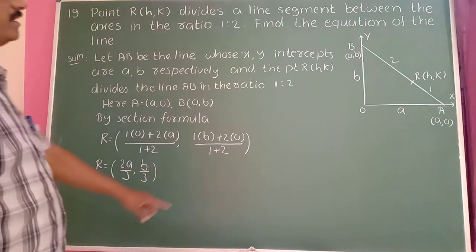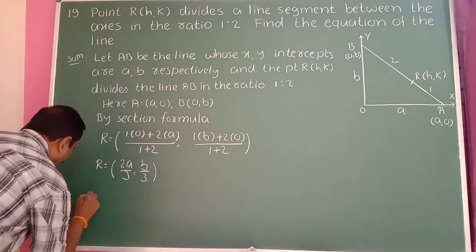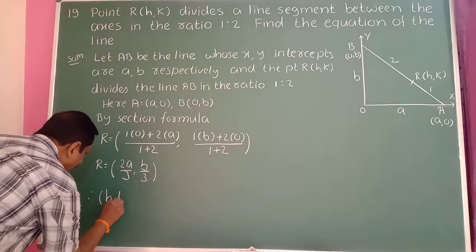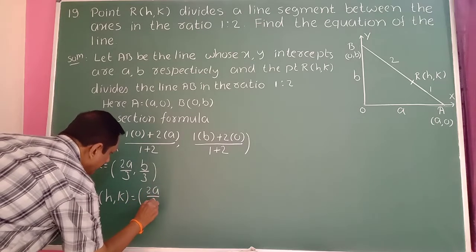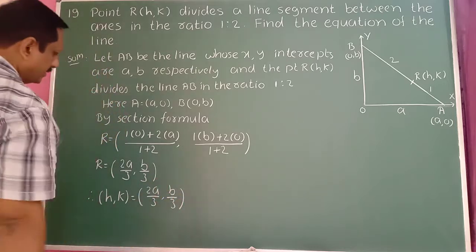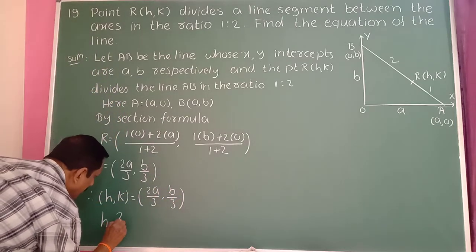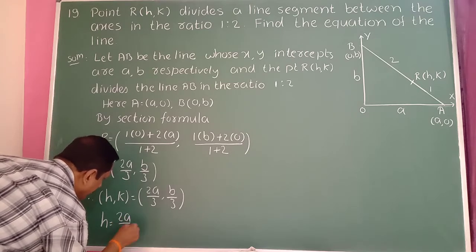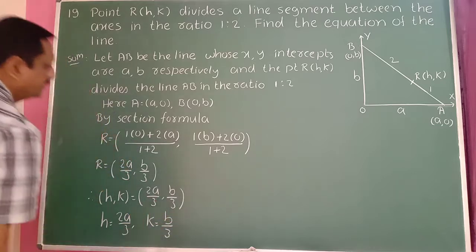But they already gave the coordinate of R as (h, k). Therefore (h, k) is equal to (2a divided by 3, b divided by 3). h is equal to 2a upon 3, and k is equal to b divided by 3.